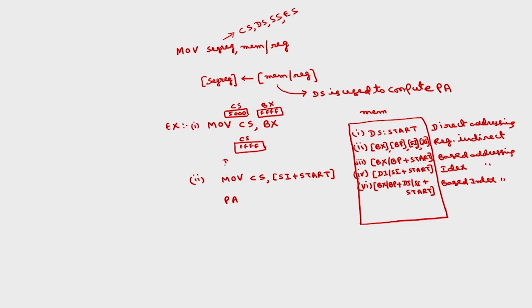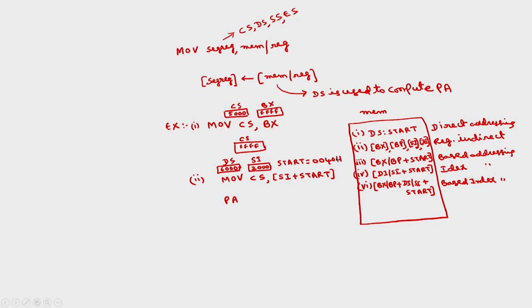So, if the contents of DS is 6000, say, then what else is required? SI is required. SI is say 2000. Let start be defined as 0040. Yesterday also I took the same value, I think.